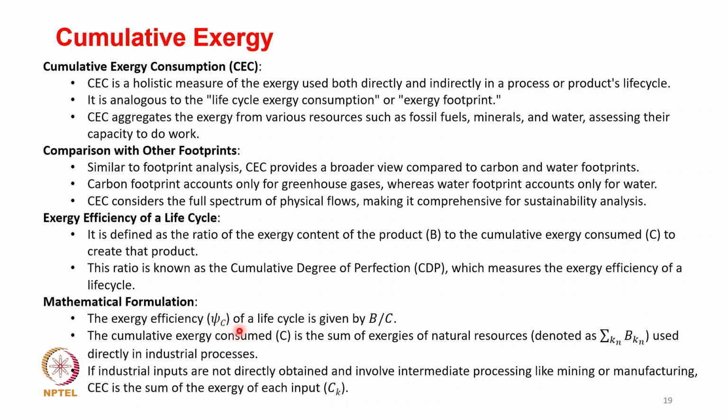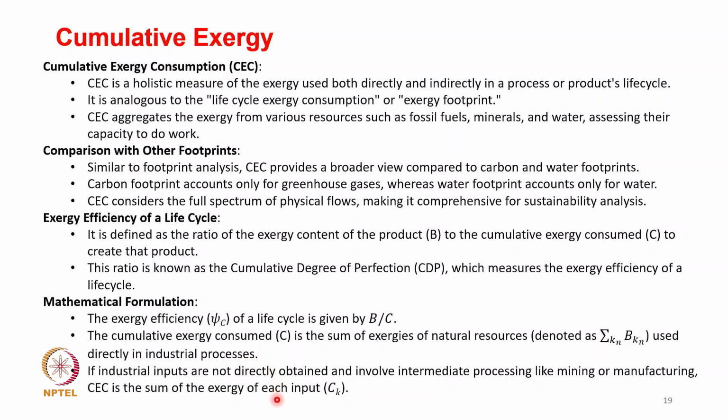The exergy efficiency psi c of a life cycle is given by B by C, where the cumulative exergy consumed C is the sum of the exergies of the natural resources, which is of course sigma Kn times Bkn, used directly in industrial processes.